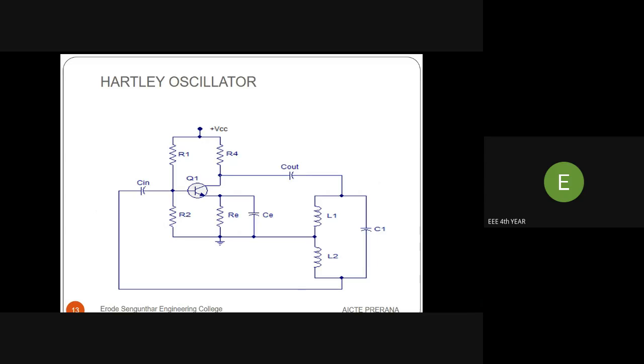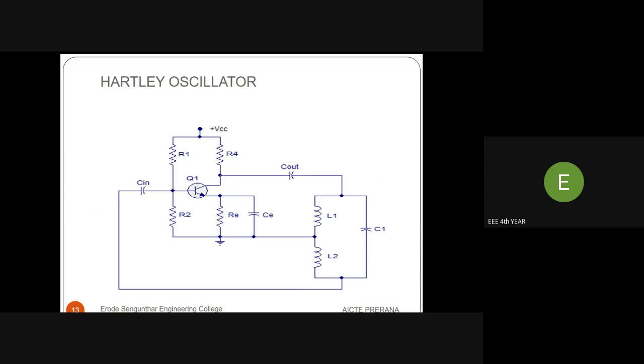So, at any time, the phase shift in the feedback circuit between 1 and 2 is 180 degrees. So, the total phase shift of the Hartley oscillator is 360 degrees. Now we adjust A and beta so that A beta is equal to 1. This circuit then acts as an oscillator.